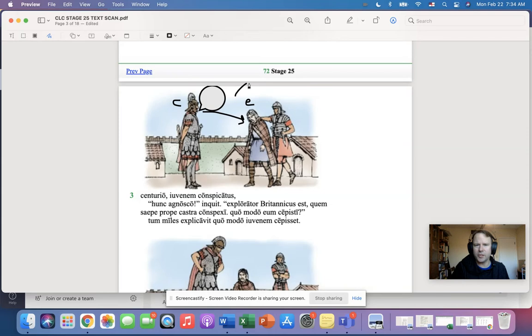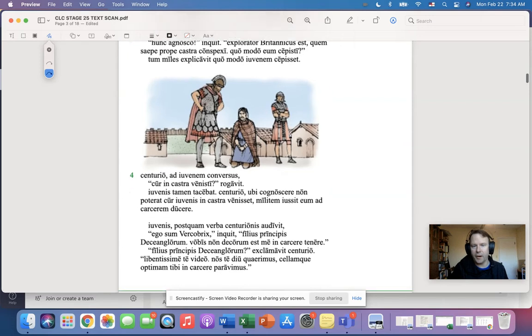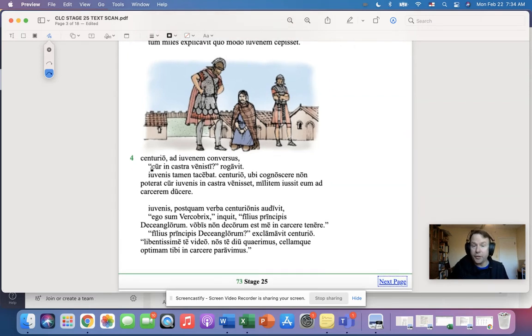Quomodo, and then I guess this question is, of course, directed at the centurio. He says, quomodo eum cepisti? And miles tum explicavit quomodo hominem cepisset. Okay, all right. So with that settled, centurio ad hominem conversus rogavit: cur in castra venisti? Homo tamen tacebat.